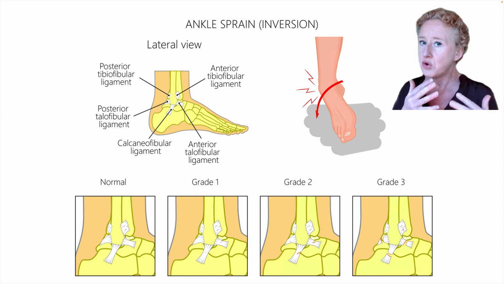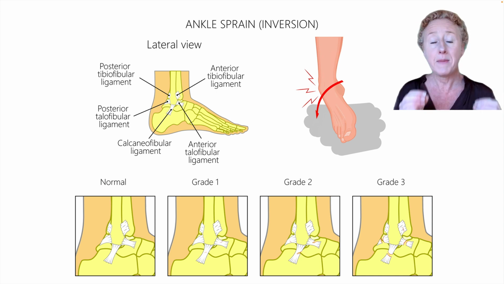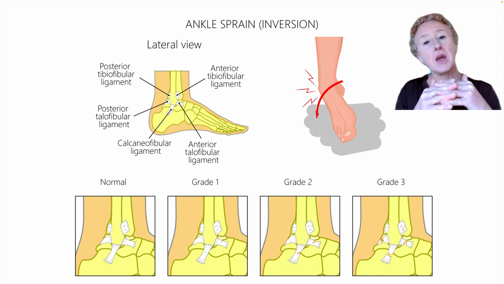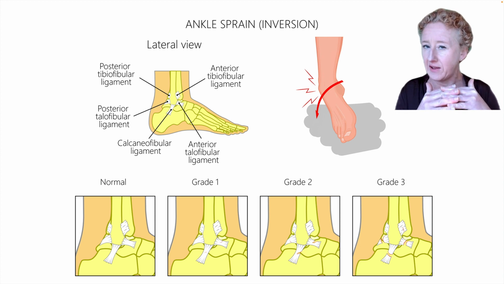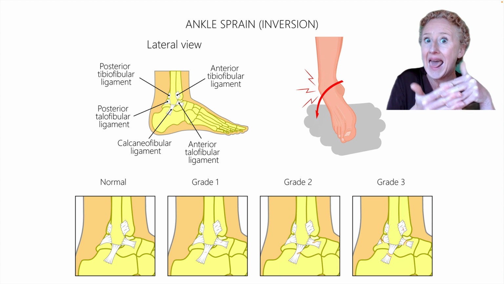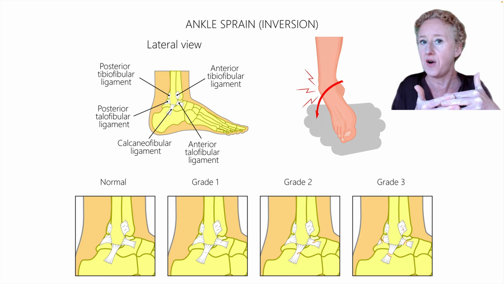And we're going to start noticing we're getting some instability at the ankle here. Remember, ligaments' job is to protect the movement of the joint. They're soft tissue, but they're not stretchy like a muscle is. They have a little bit of give, so it allows for some play in that joint, but they're there to stop you from going too far.